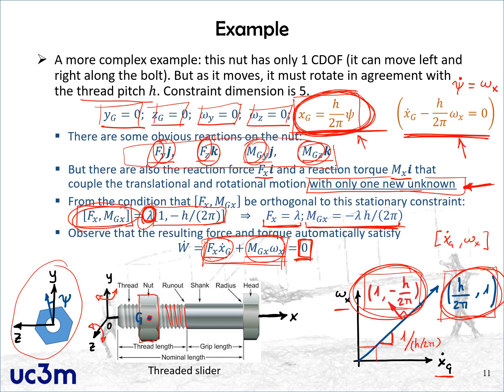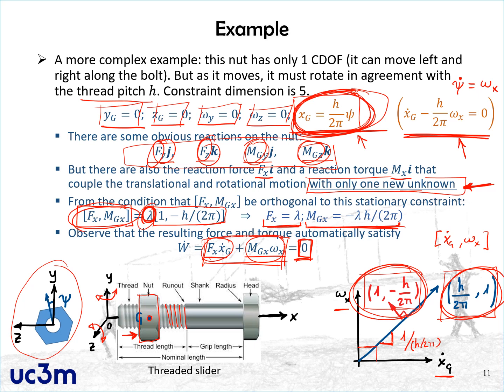This last equation of the constraint can be interpreted as if it were transmitting energy from rotation to translation and vice versa. Indeed, if you push on this nut to the right, you see that it will not only start moving to the right, but it will also start rotating necessarily because it has to satisfy the constraint equation.